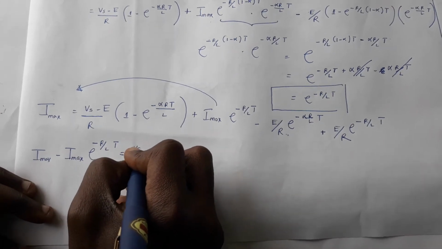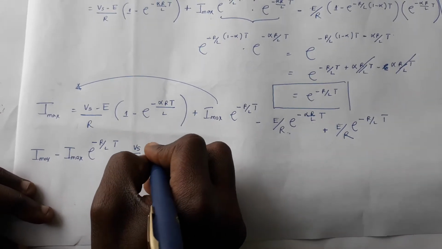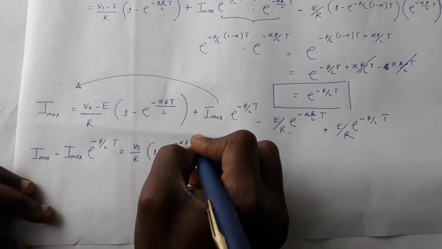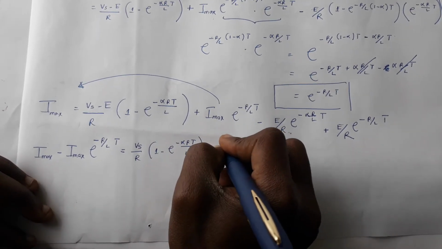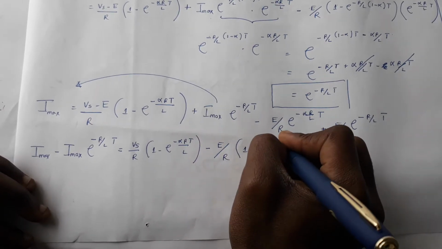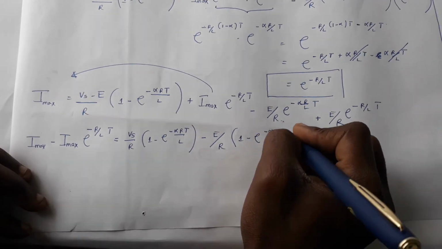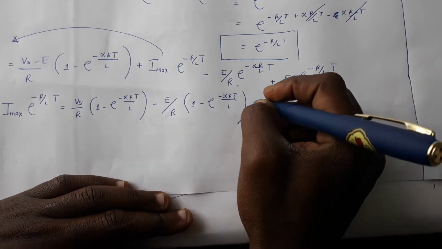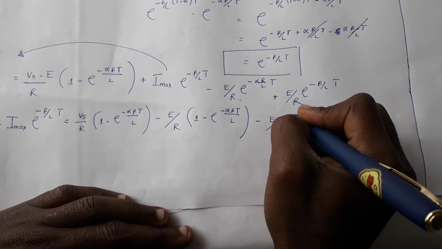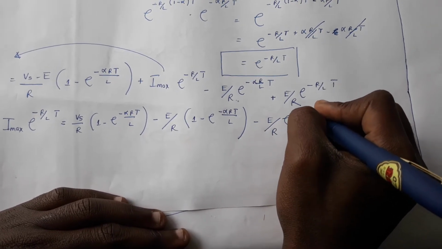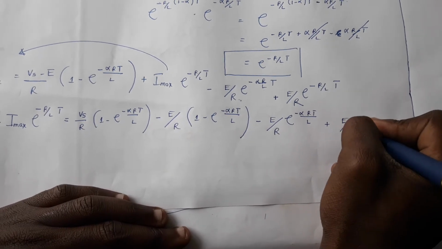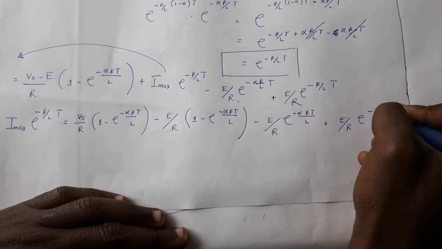So Vs over R, 1 minus exponential minus alpha R T over L, minus E over R, 1 minus exponential minus alpha R T over L, okay, minus E over R, exponential minus alpha R T over L, plus E over R, exponential minus R over LT.